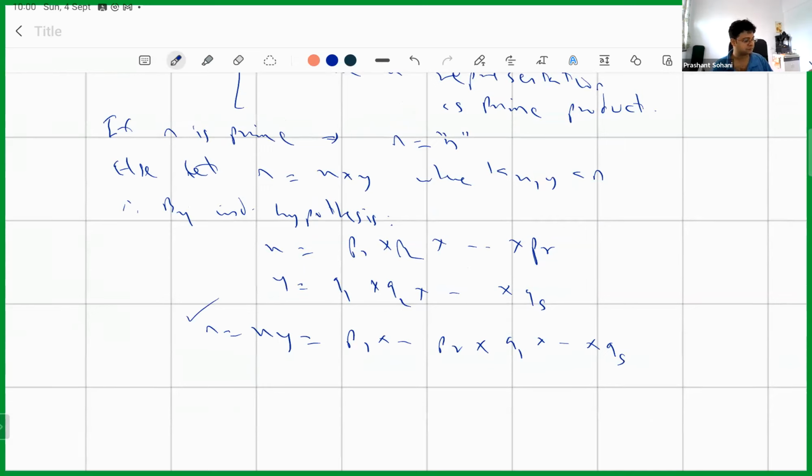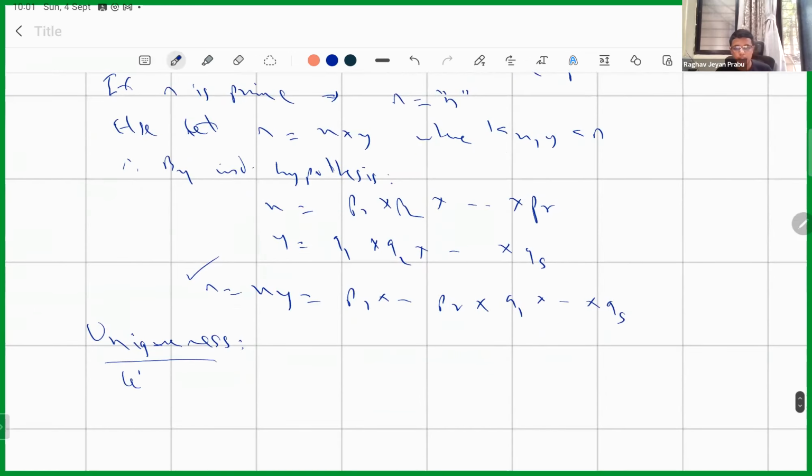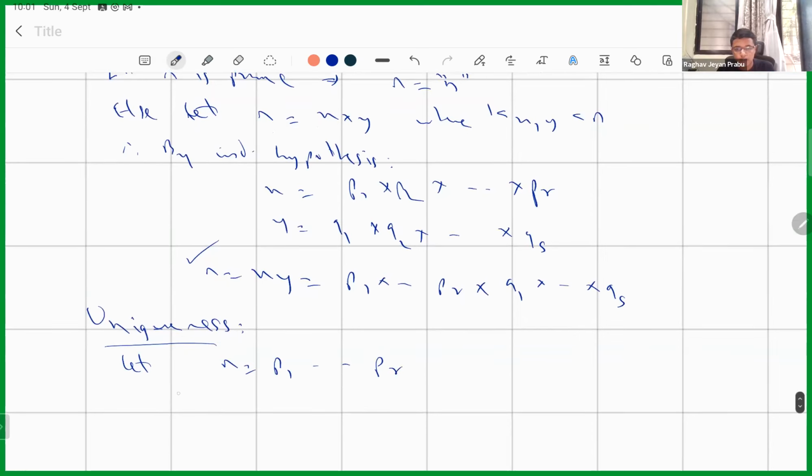What about uniqueness? Sir, I have a proof for uniqueness. Okay, tell me. So we can say n can be written as p1, p2 all the way to pr, and also as q1, q2 all the way to qs.